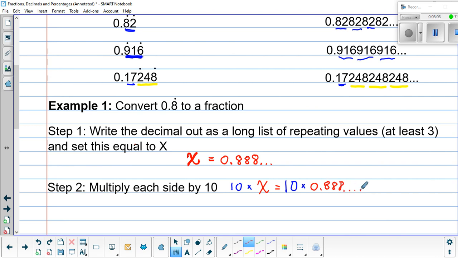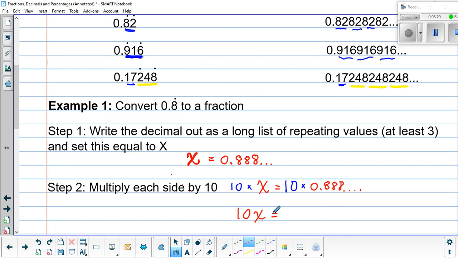On the left, that's quite simple: 10 times x, with algebra we can just take out the multiplication, so we get 10x. On the right side, you might think, I don't know what to do with this. It keeps going on. I've never dealt with multiplying by something that goes on forever.